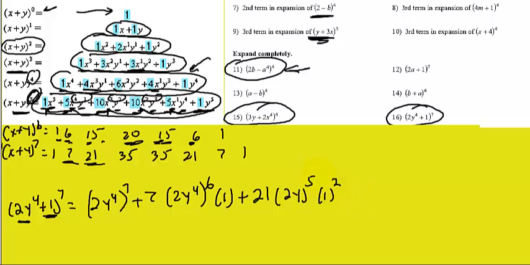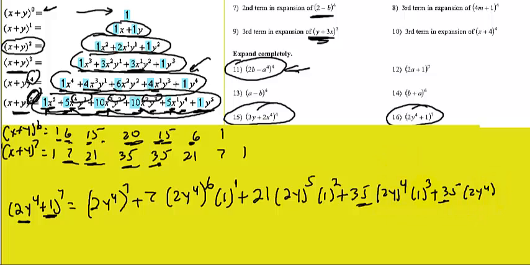Remember, my powers always add up to 7 in this one. Okay, plus, and then I have a 35, and then I have a 2y to the 4th, 1 to the 3rd, and then plus again another 35. I'm getting these numbers here from the Pascal's triangle. Okay, and then I have a 2y to the 4th.